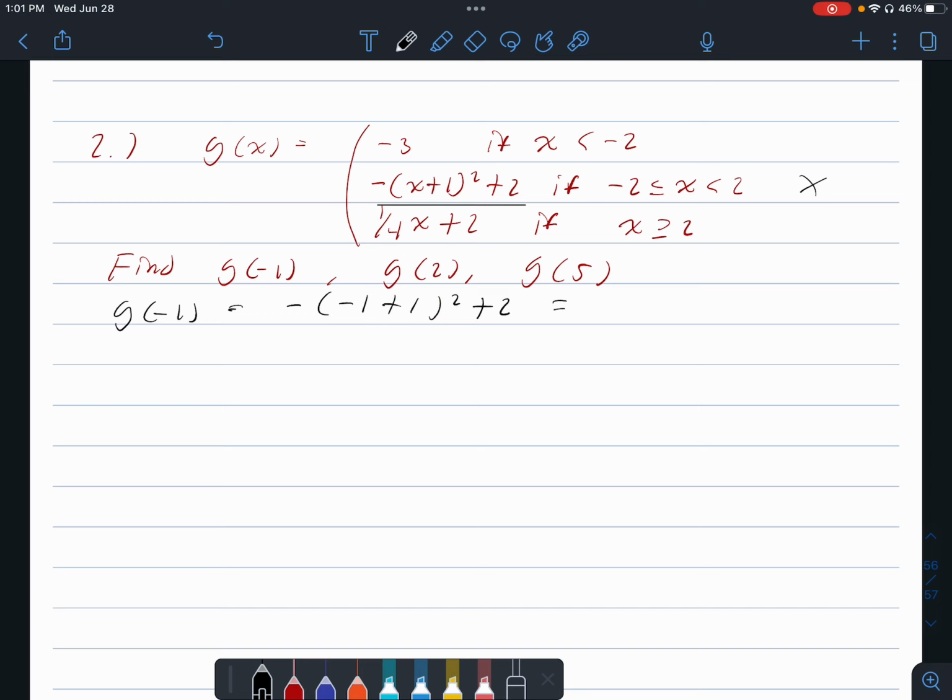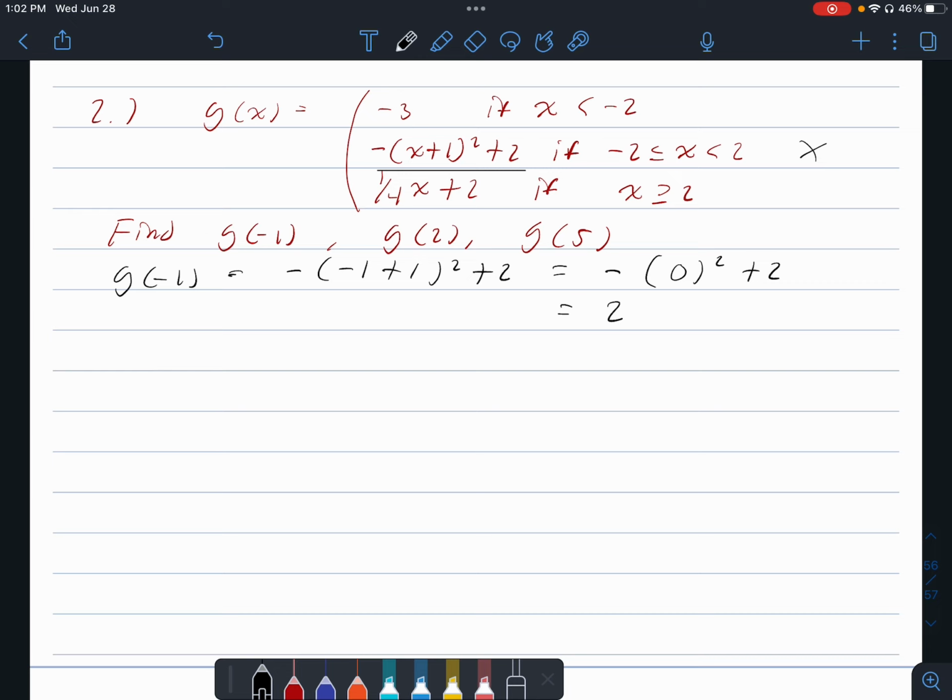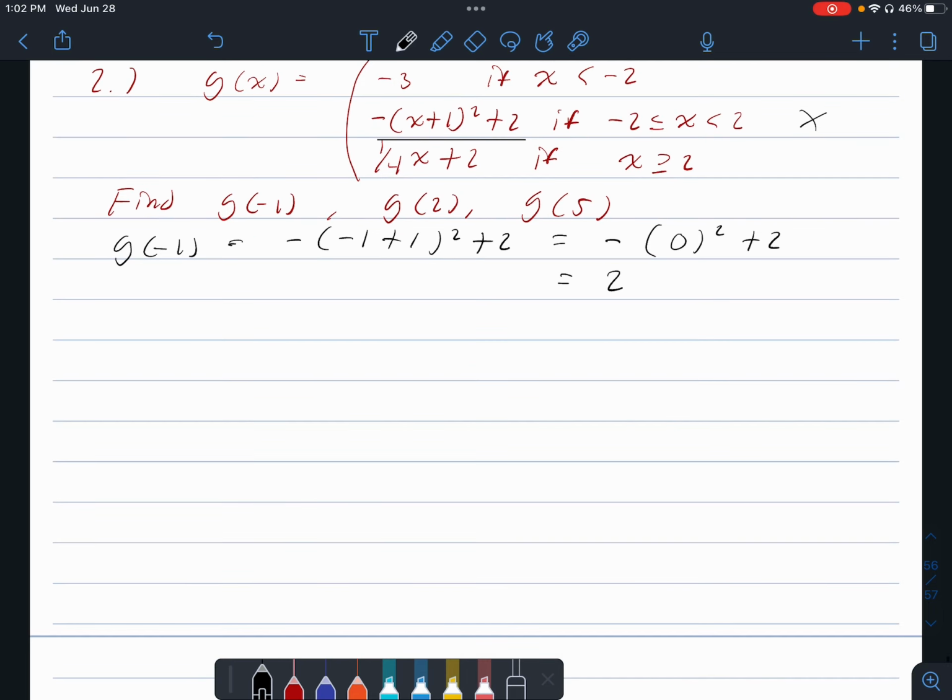Now -1 plus 1 is going to be 0, so 0 squared plus 2 is just 2. So g of -1 is equal to 2. We're just using this output here to evaluate our function at that point.